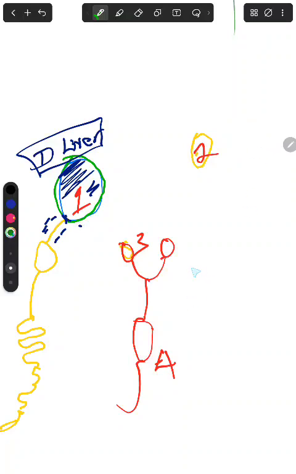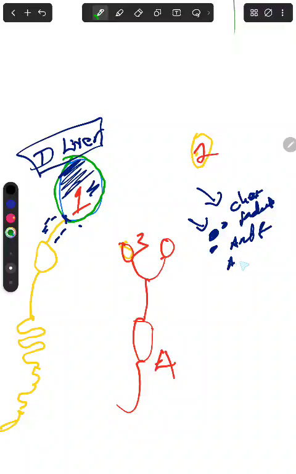So let's say we have a tumor, we have a bacterial infection, and we apply a chemotherapy, we apply a radiation, we apply the anti-fungal, the antimicrobial, the antibiotic.